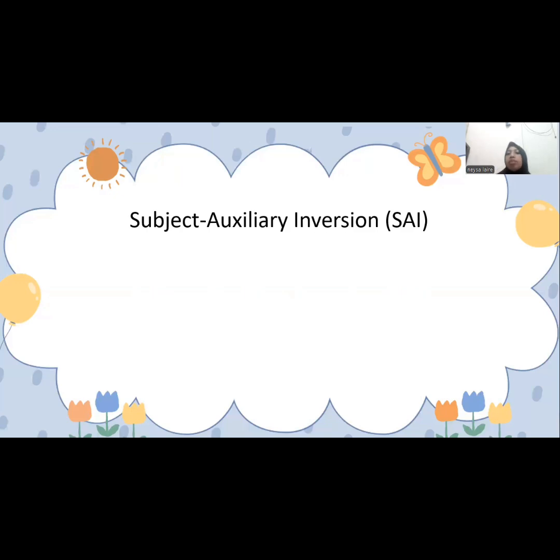Subject auxiliary inversion, expanded structural variation. Without an auxiliary, add do, does, or did. You like coffee? Do you like coffee? Passive voice plus inversion: was the book written by her?